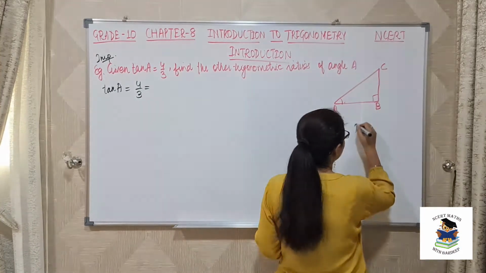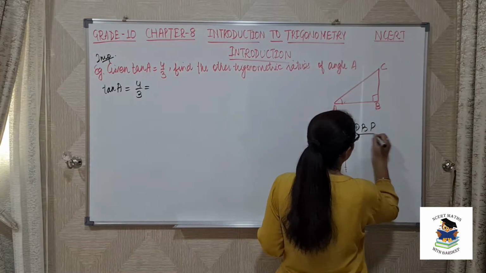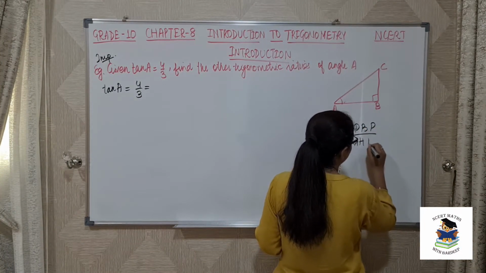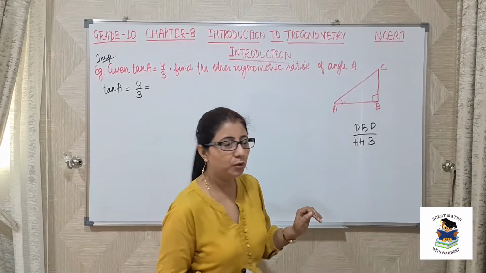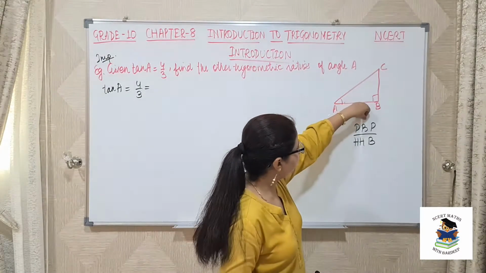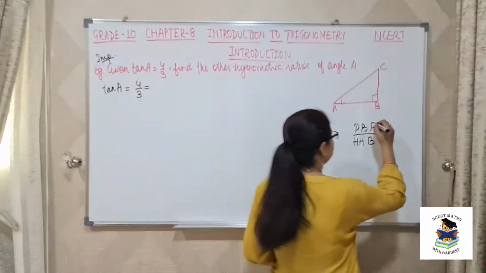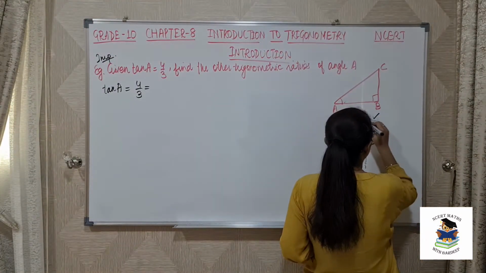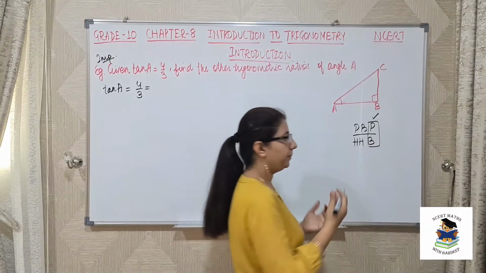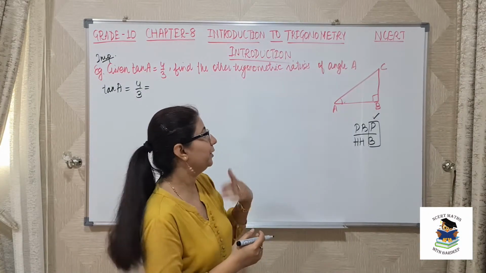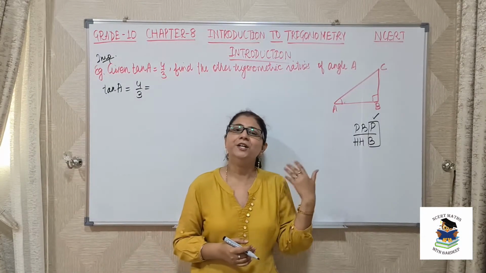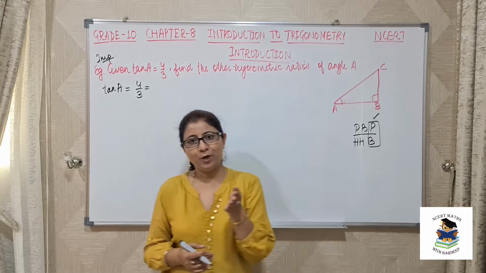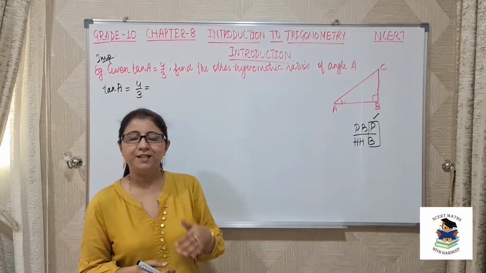As I have already explained, P over B. So this is the ratio that we will use, that is perpendicular over base. But first we should identify which one is the perpendicular side and which one is the base side.